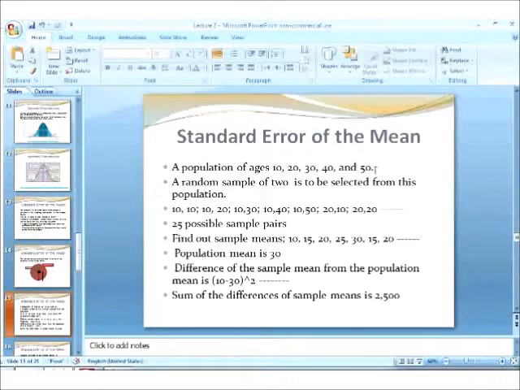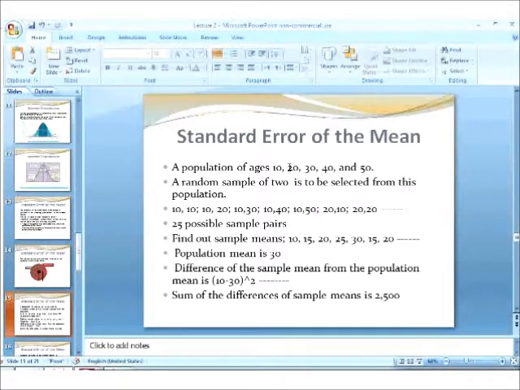Now out of this population of 5 people, I can draw samples of 2 in different combinations. So let's say I select 10 here, and there are 5 ages: 1, 2, 3, 4, and 5.